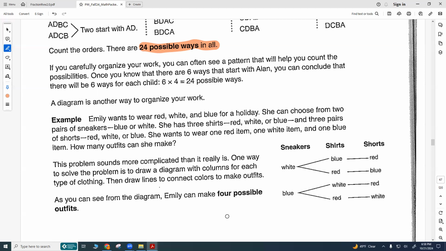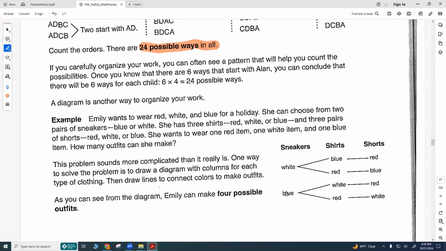Okay. And so a diagram can help you see that if I have white shoes, that means I can wear a combination of my blue shirt and my red shorts, or my red shirt and my blue shorts. Okay.